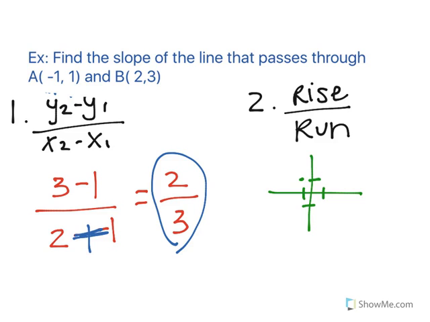And then I'm going to graph (2, 3), which is here. So I have to figure out how many am I going up and how many am I going over. So I'm rising. I'm going to rise 1.